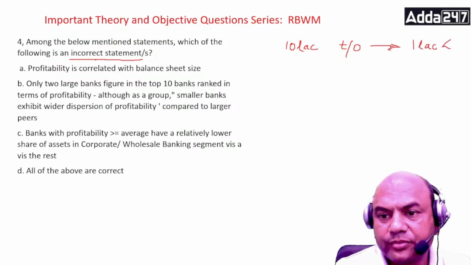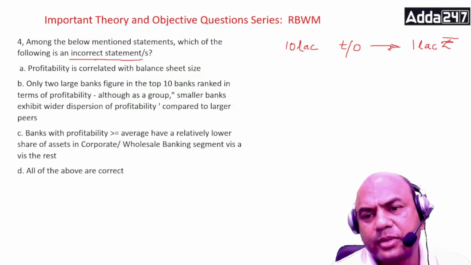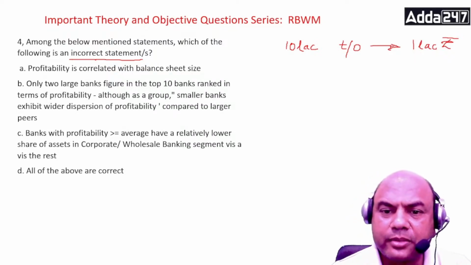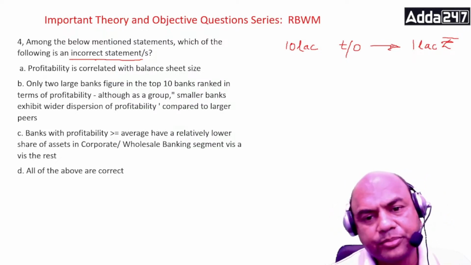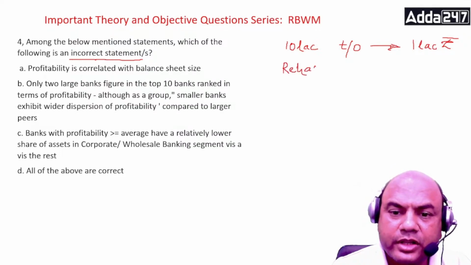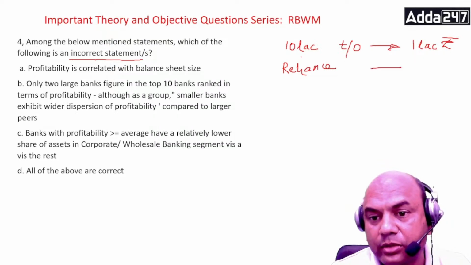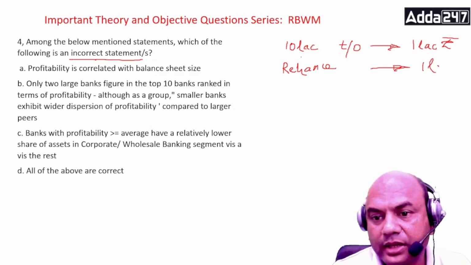Will I consider my company a good company? Yes, because 10 lakh turnover and 1 lakh profit. Now tomorrow Reliance comes up and says my profit is 1 lakh rupees. Understand this, Reliance says my profit is 1 lakh rupees.